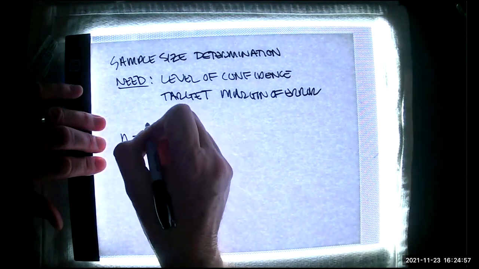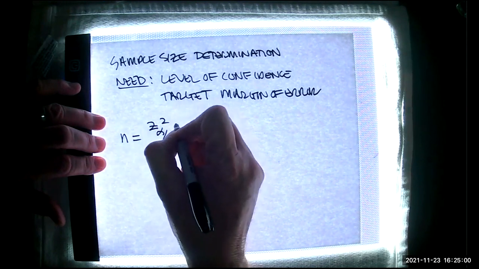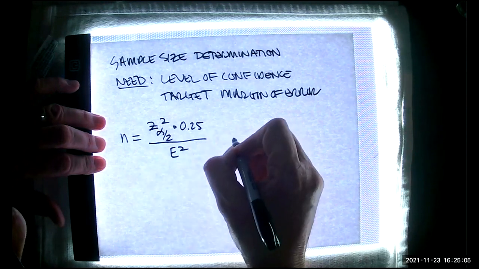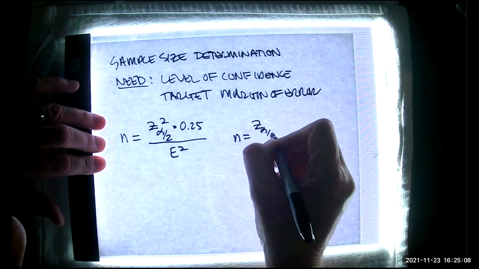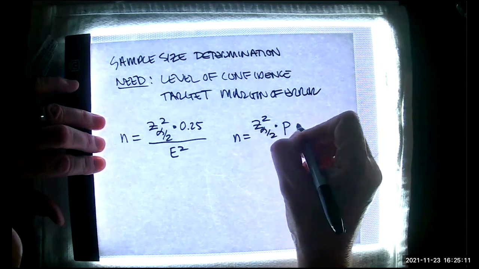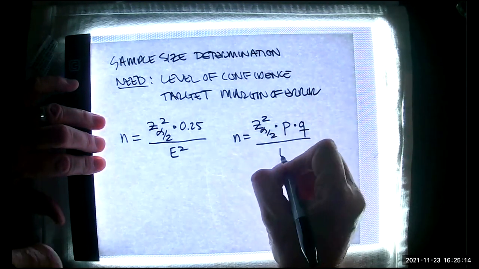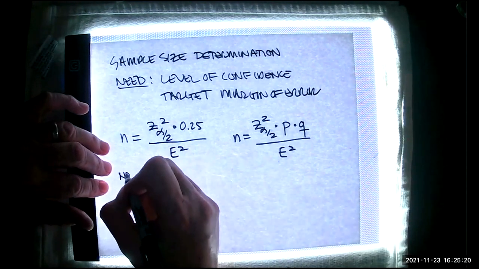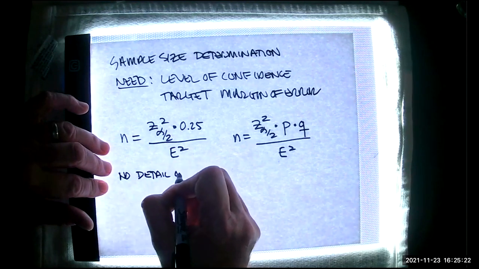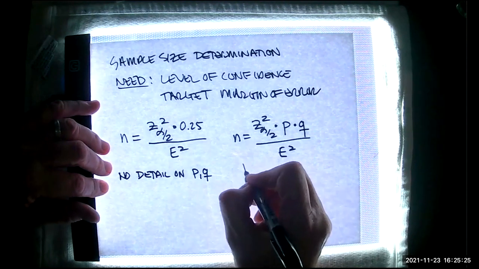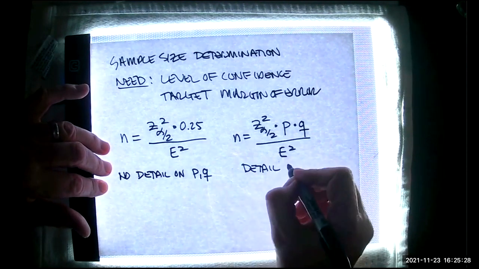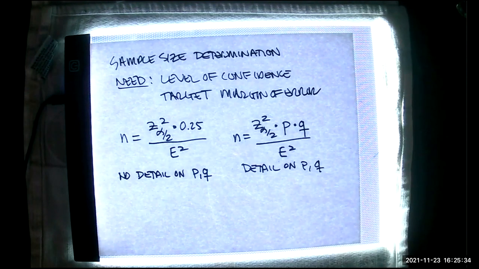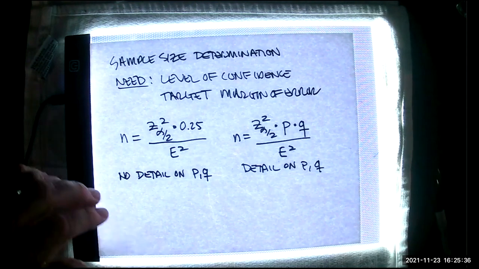We have n equals z alpha over 2 squared times 0.25 divided by e squared, or z alpha over 2 squared times p times q all over e squared. We use this one if we have no provided detail on P and Q. We use this one if the problem does contain detail on P and Q. But you've got to be given the margin of error and the level of confidence.